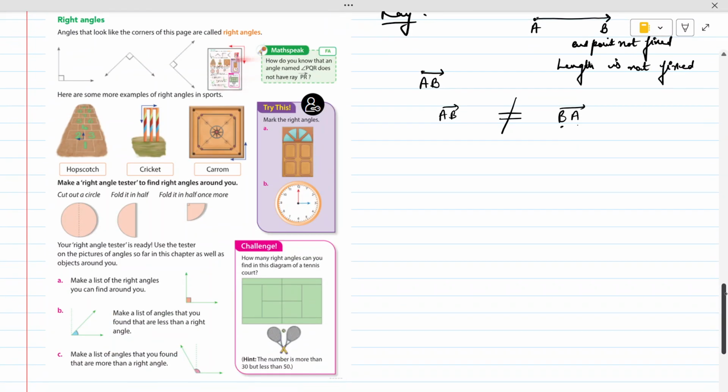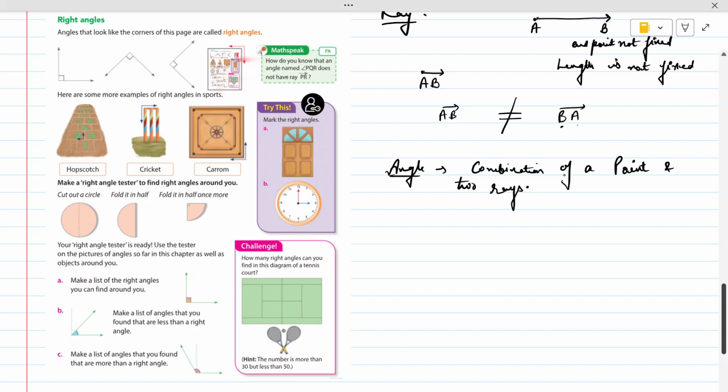Now let us understand what an angle is. So an angle is a combination of a point and two rays.